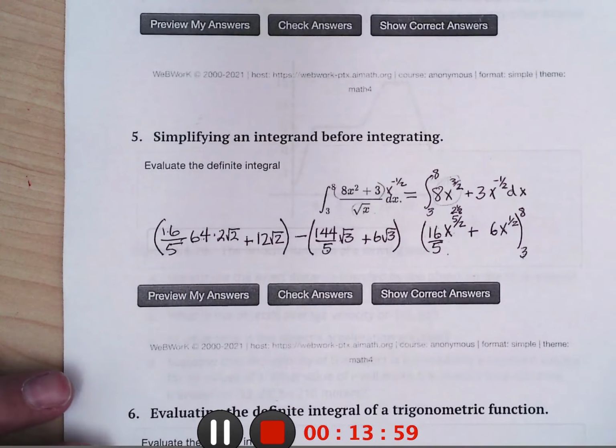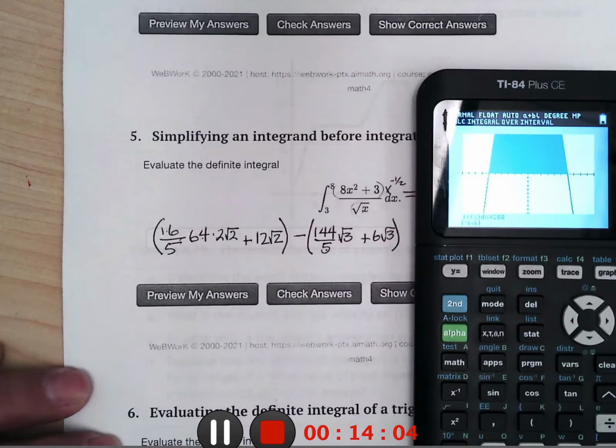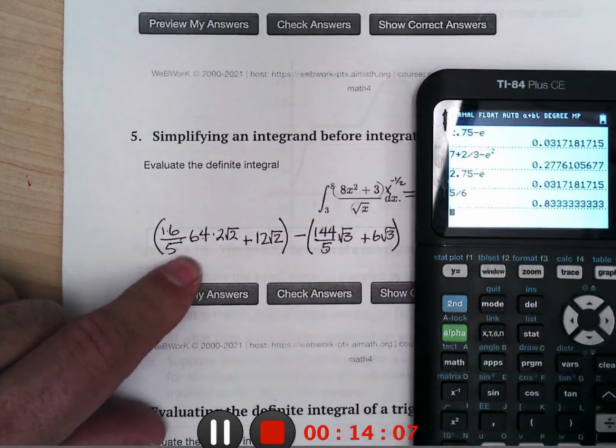Let's figure this out. Make sure I got it right. So second quit, let's get the decimal approximation.